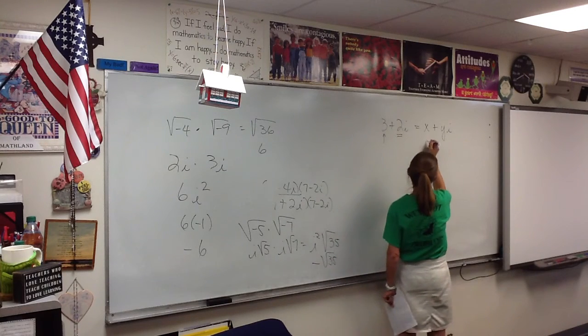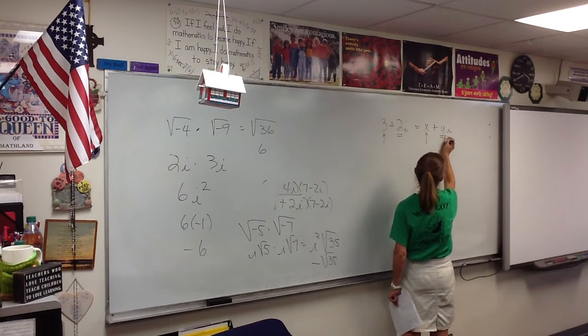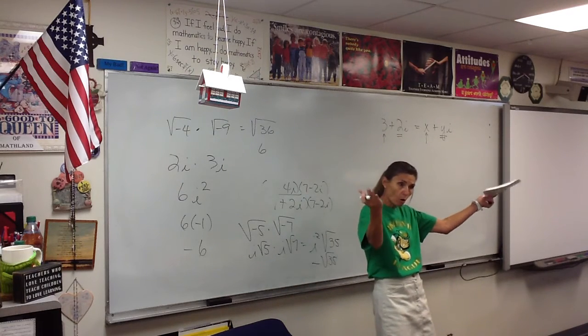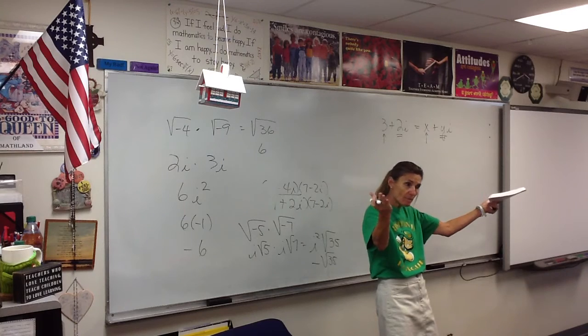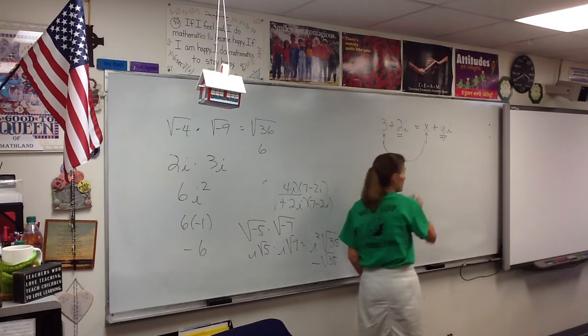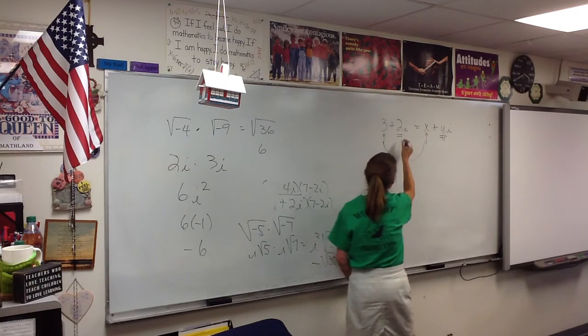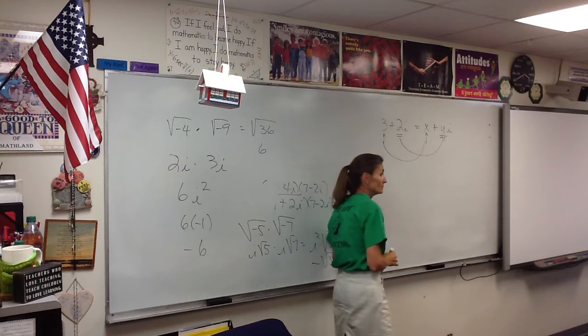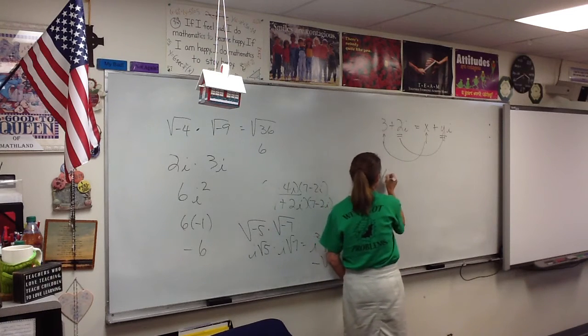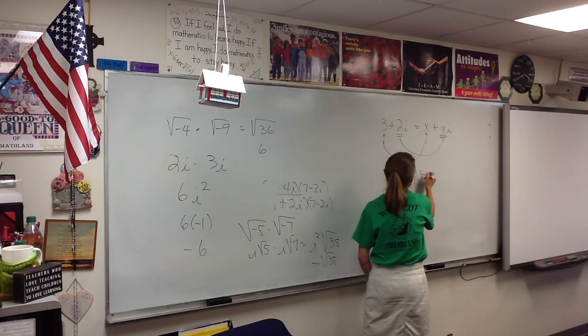Over here, do we have a plain number and something hooked to the i? Yeah. If those two are equal, doesn't it make sense that these two would be equal? And these two would be equal? So what does x equal? 3. And what does y equal?